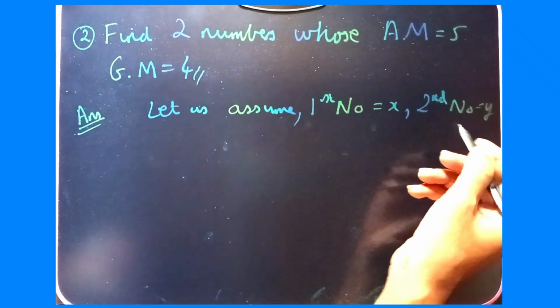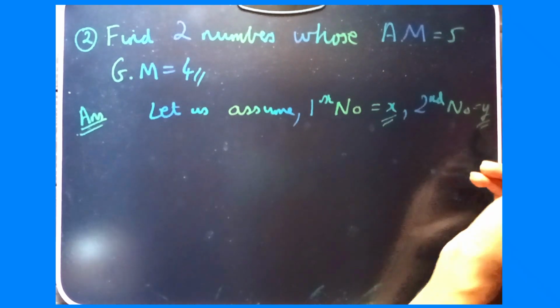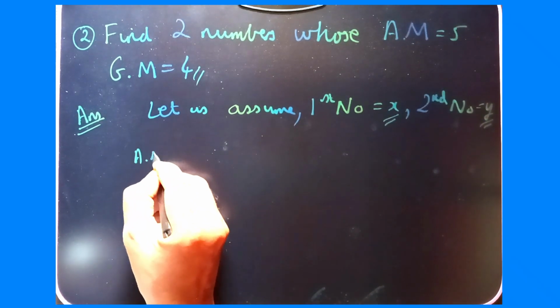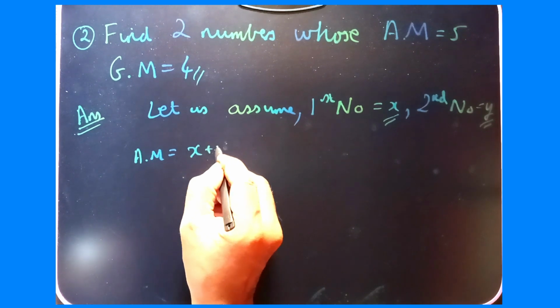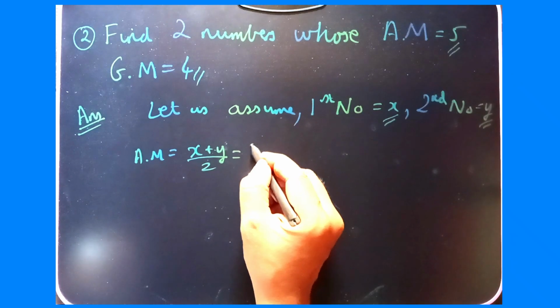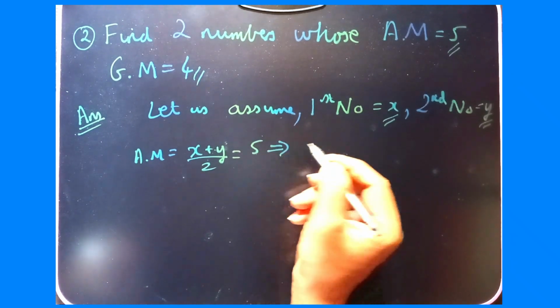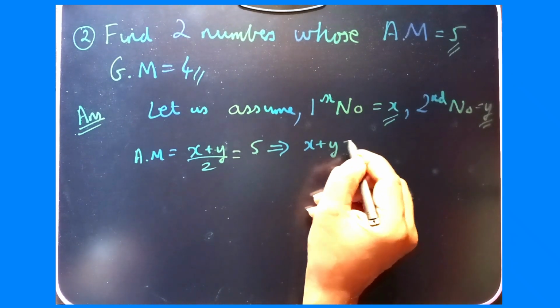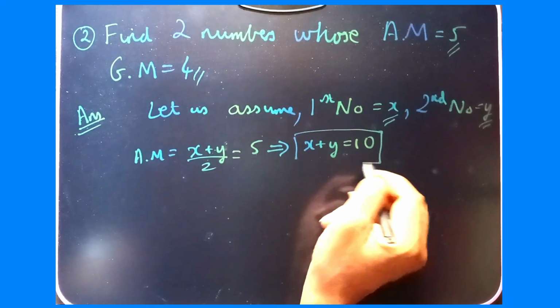Okay, so if first number is x and second number is y, then arithmetic mean will be equal to x plus y divided by 2, is equal to, the mean is 5. So we'll take 5 here. Then this equation will turn out to be x plus y is equal to 10. This is your first expression.